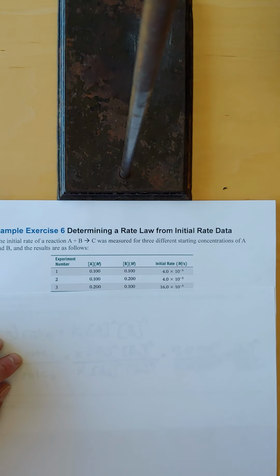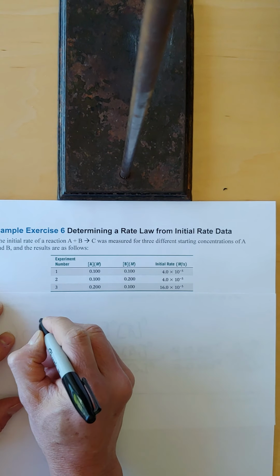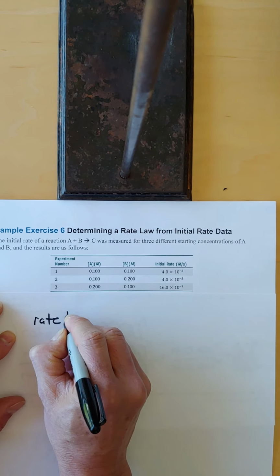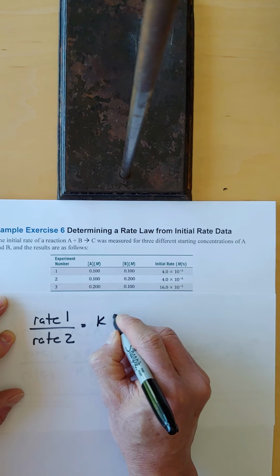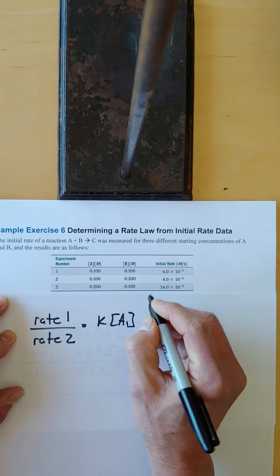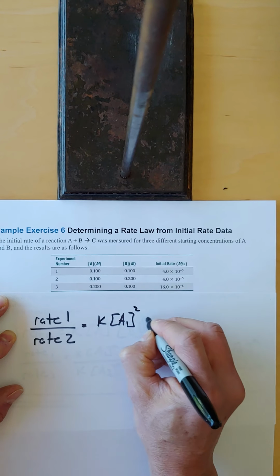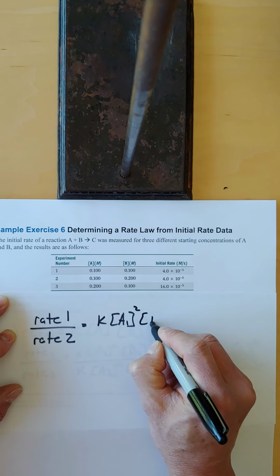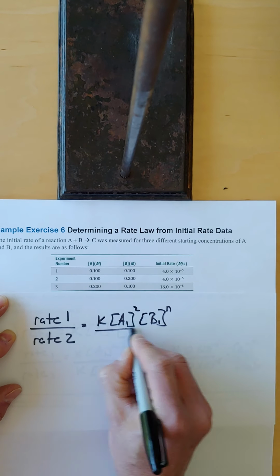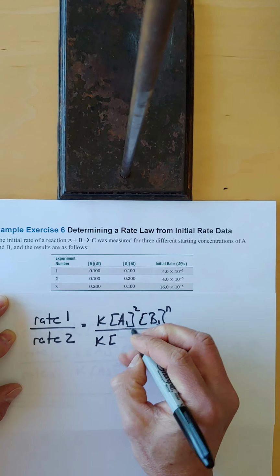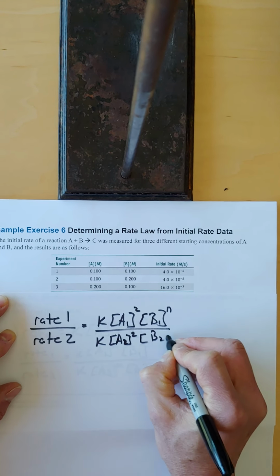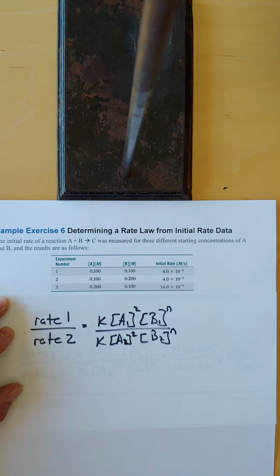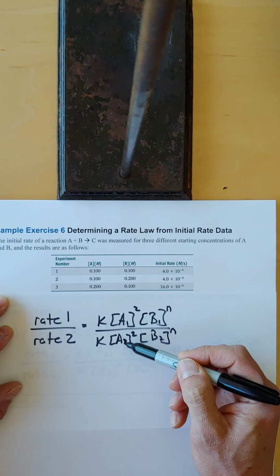If we look at B, and so we're looking at the concentration of B, we're saying that rate 1 over rate 2 is equal to K times the concentration of A1 raised to the 2, because we know m is 2 now, times B1 to the n, equals K times the concentration of A2 squared times the concentration of B2 to the n. Well, A2 is equal to A1.